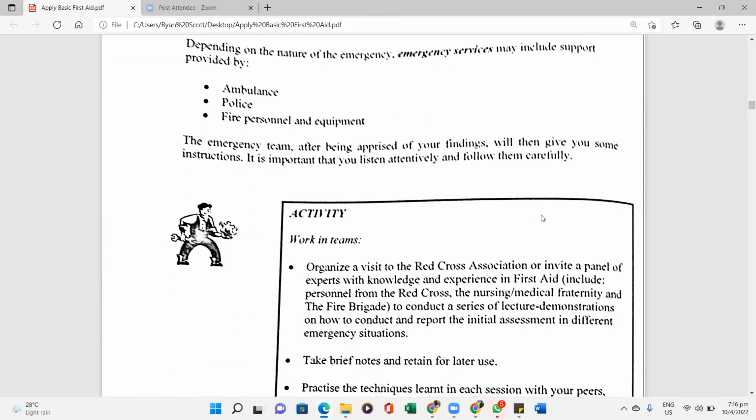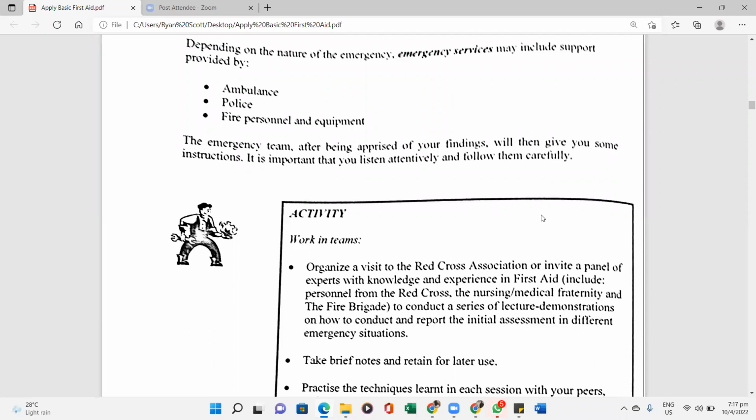So depending on the nature of the emergency, services may include the support by the ambulance, the police, the fire brigade, okay? It says the emergency team, after being appraised of your finding, will then give you some instruction, okay?